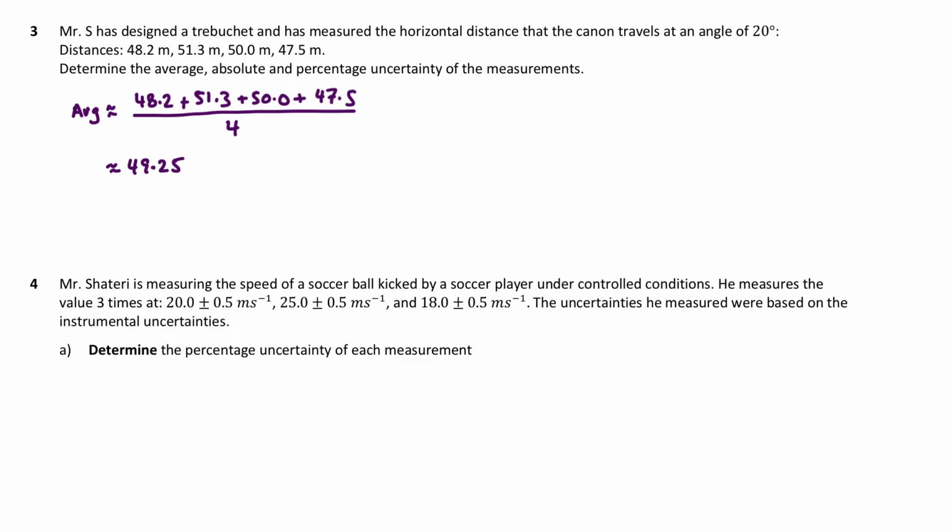For the absolute uncertainty, I am going to use this method of max minus min divided by 2. So I'm not using standard deviation here. My maximum value here is 51.3 and my minimum is 47.5. I'm going to divide it by 2 and I will end up getting 1.9 as my final answer. The units for both of these are in meters.